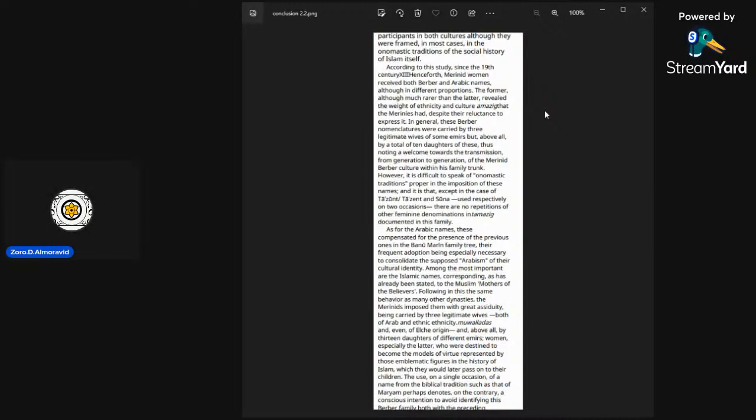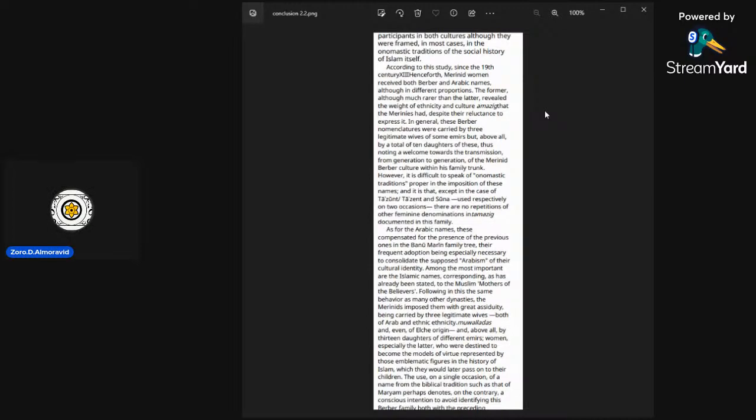So, as you can see, the names in Berber, even if they were written in Arabic script, were carried by 3 legitimate wives and a total of 10 daughters.